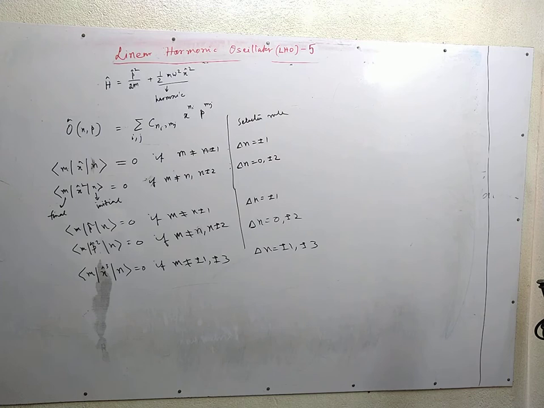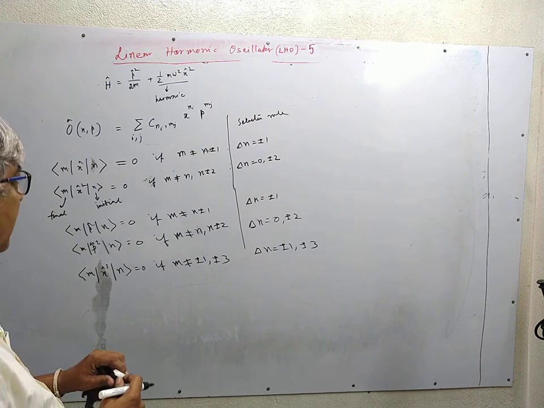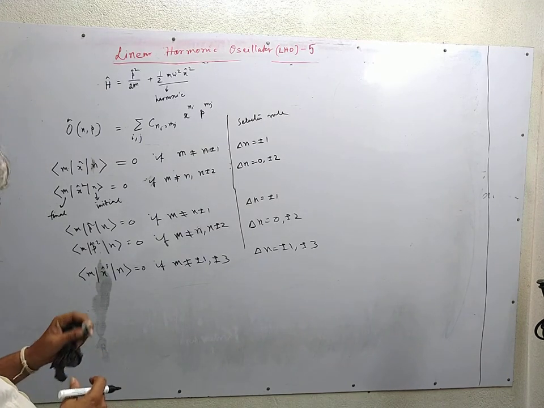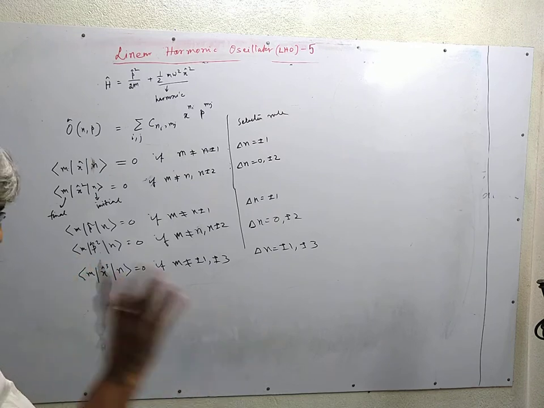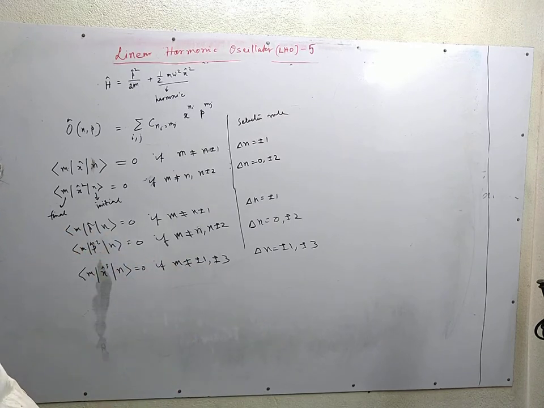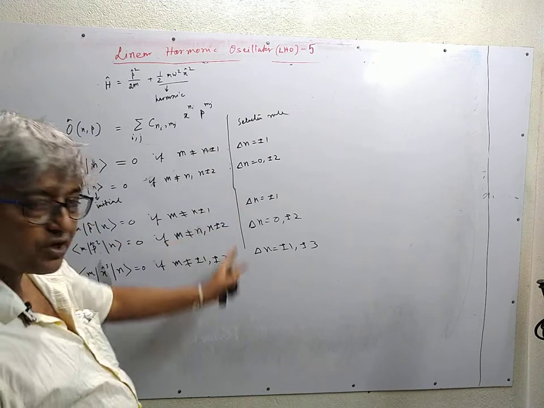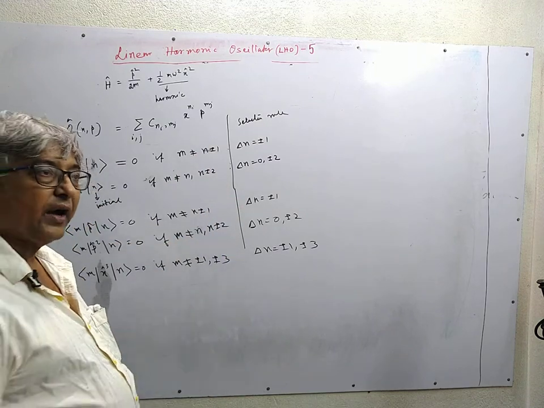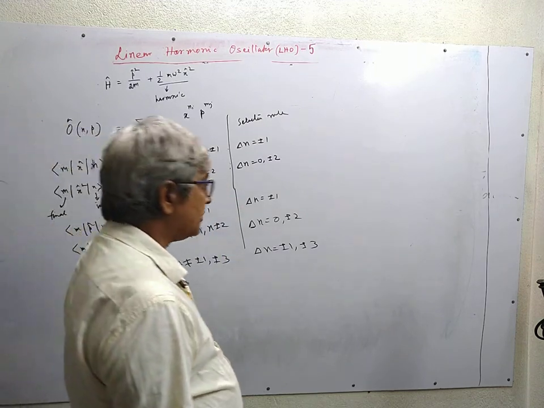From this information, if we have a system which is being interacted with by some perturbation, and we want to know the nature of the perturbation, this selection rule helps us to find it.